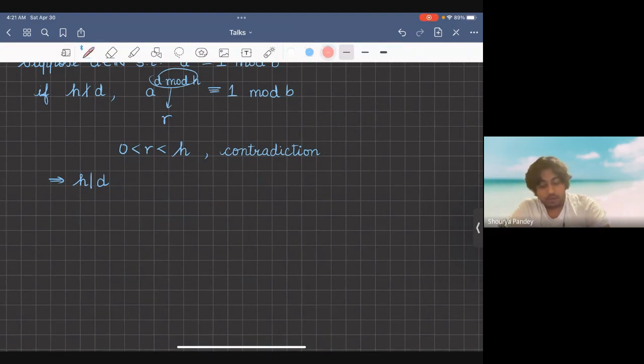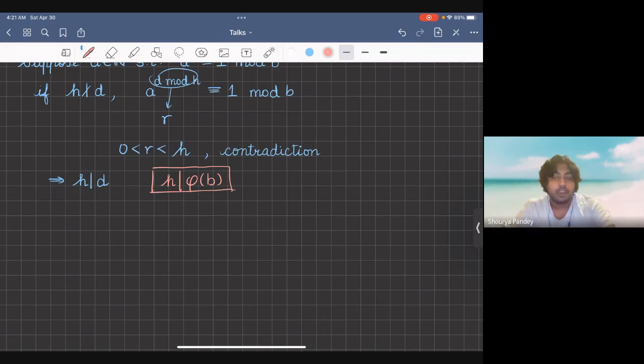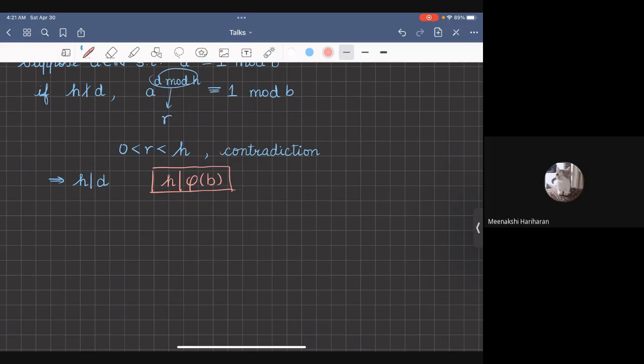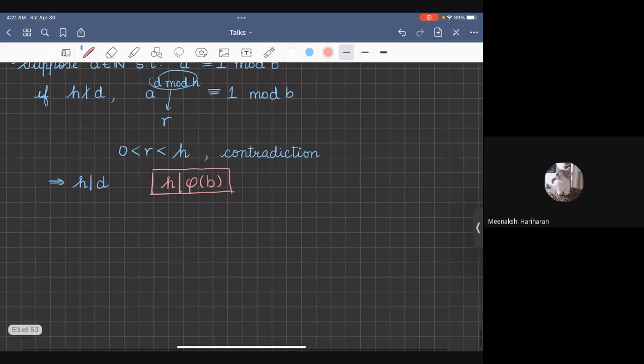And in particular, I don't think anyone said that they don't know what the phi function is. So I'm going to write that this means h divides the totient function of b. Okay, great. But why is that?